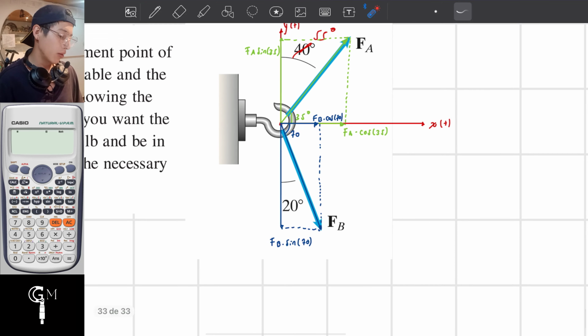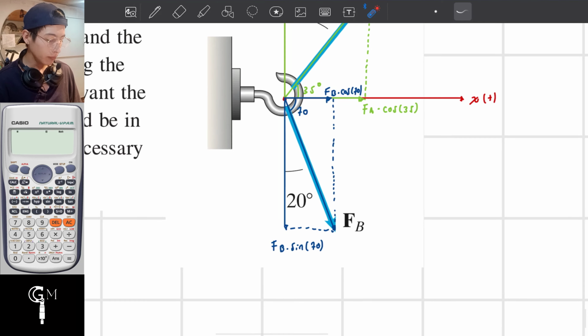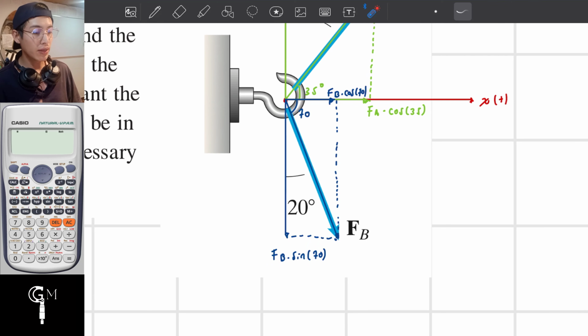Now, we have to take into consideration the direction. Remember, when we're working with vectors, there are only two things that we care about. The first one is the direction, the second one is the magnitude. The direction is given by a symbol, it could be positive or negative, and the magnitude is given by a specific number.